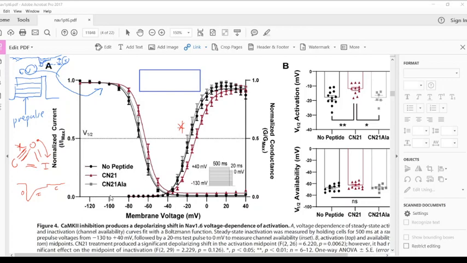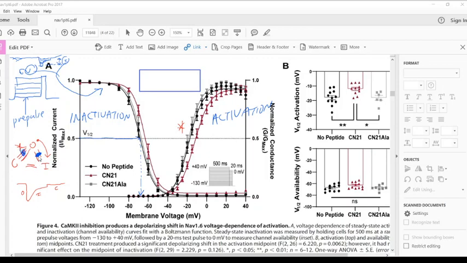But as that pre-pulse gets more and more positive, this one gets smaller and smaller. So we've now got activation, we did that before, and inactivation. And once again, we look for the V half, this time of inactivation, and this value here tells us the equilibrium position for this transition.